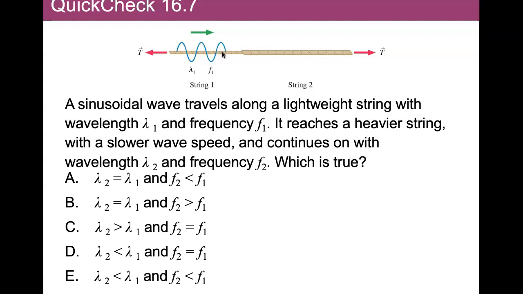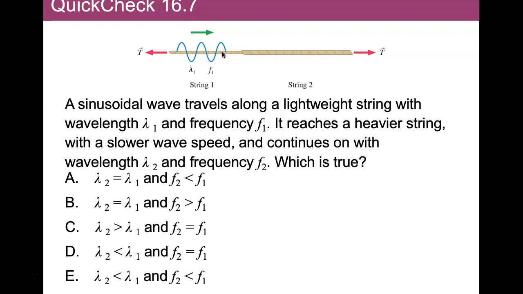So it's just a property of the source that's generating these ups and downs, these pulses. So there is no reason it should change as you go across that interface. It's really a property of the source.